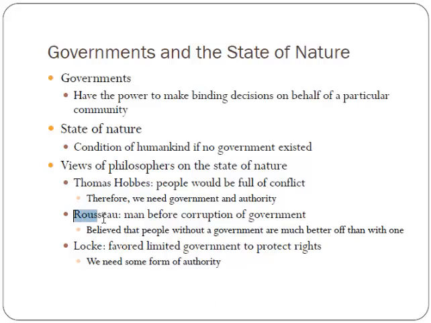Jean-Jacques Rousseau, the Frenchman, he actually was more of a free person thinker. He was more like an anarchist, although even he agreed that government benefits people to some extent, but Rousseau was actually a philosopher who was of the belief that people should basically be free in their natural state. We don't really follow either one of these two.